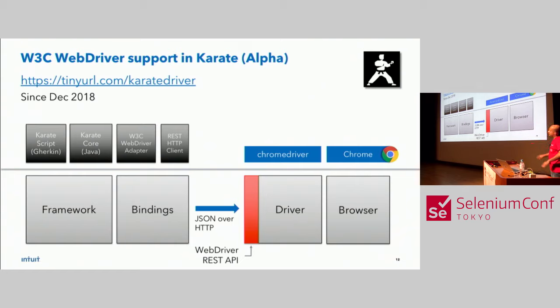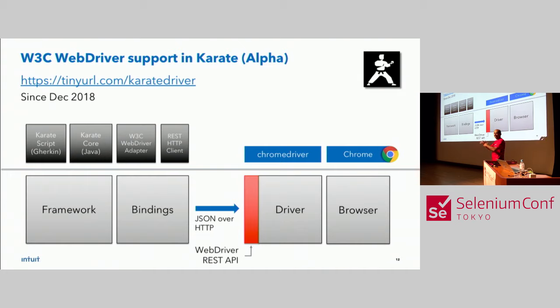All right. So as I said, this is all alpha. This is use at your own risk and all that. But I'm going to try and show you some demos of what we have achieved by trying to mix Karate and WebDriver. And here's an interesting reason why I decided to try this out. Because I talked about Karate. Karate is, in my mind, a very good HTTP client.